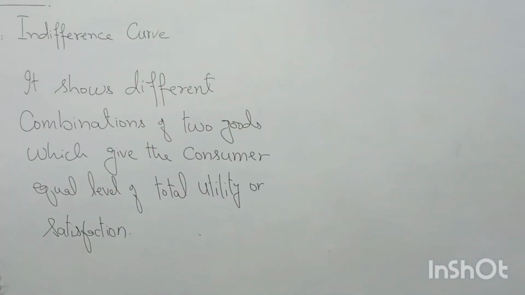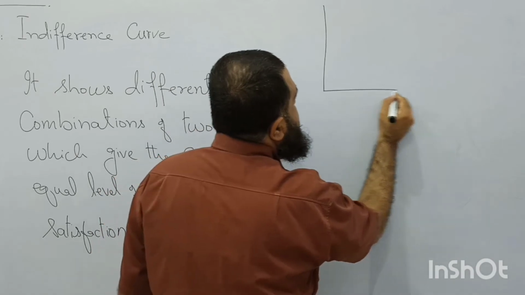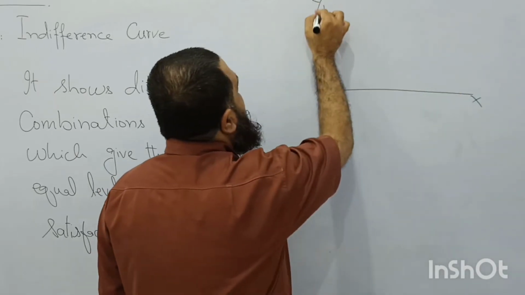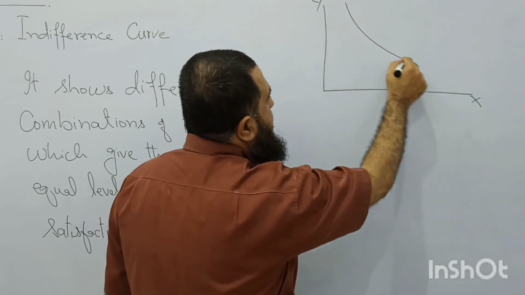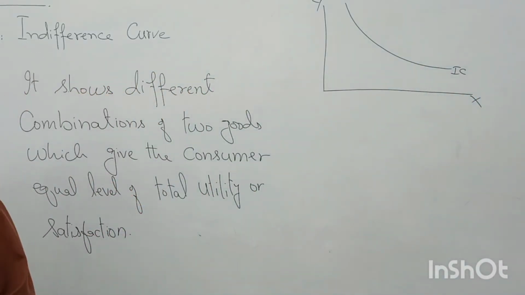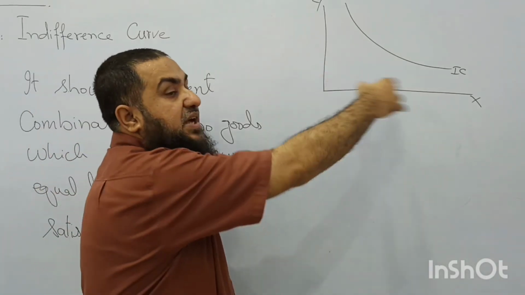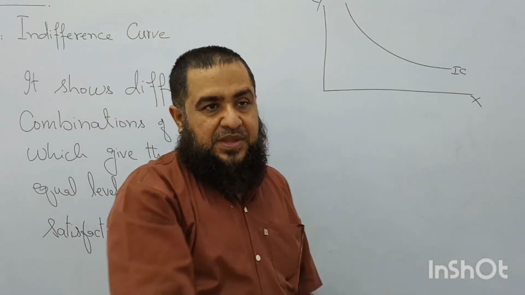Now see, here I am taking X and Y. This is the indifference curve. Is it having a constant slope? No. It is not constant. At the start it is steeper and then it becomes flatter.